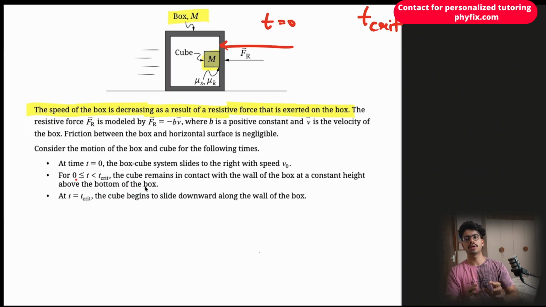I'm going to call it the critical time. Up to that time, they are in contact with each other. After that, it is going to slide down and fall. So it is no longer in any kind of motion in that duration of time. It means that the static friction force is acting during this time duration.